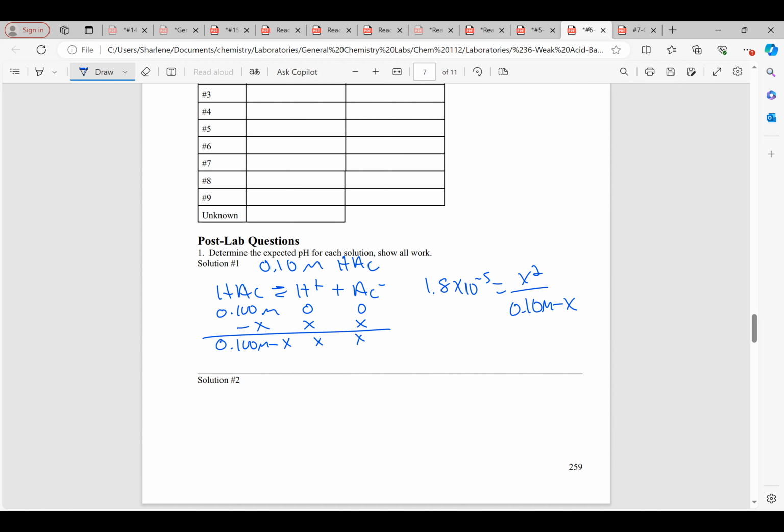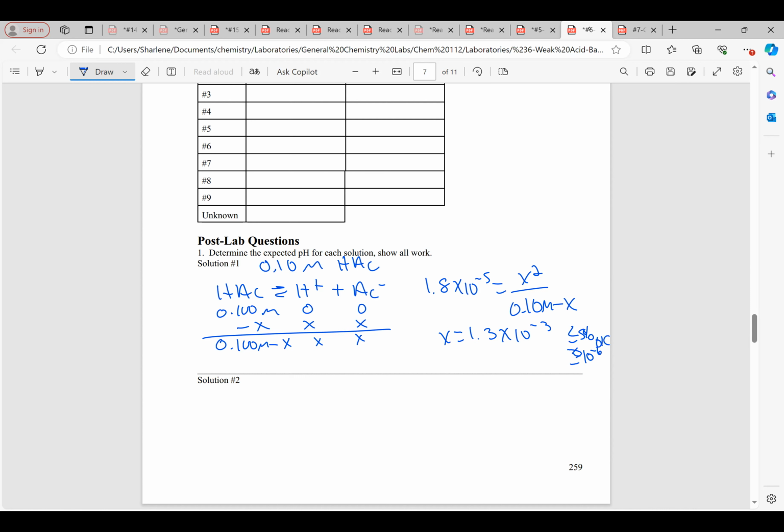All right, so we have done this one before, and X is 1.3 times 10 to the minus third, I believe. Yep, and yes, it's good. Yes, we can ignore water.